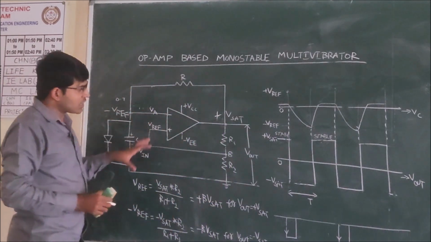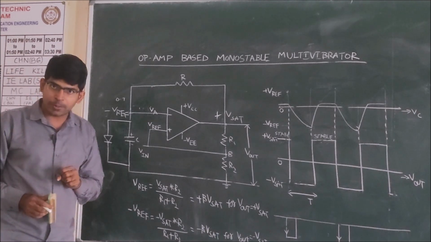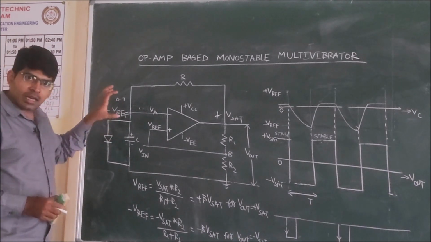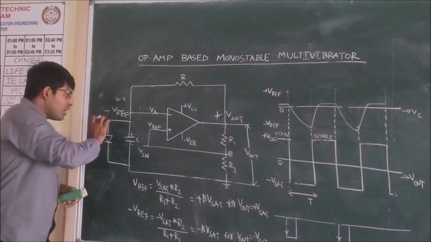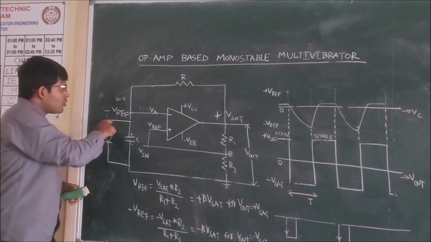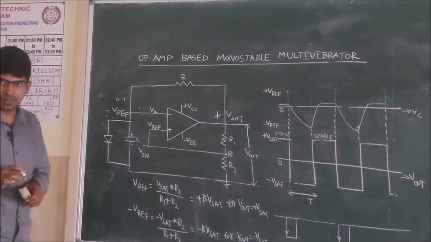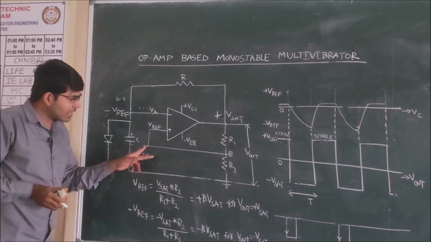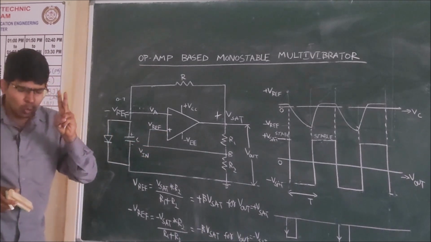Now we will try to understand the circuit diagram of the monostable multivibrator. Here the diagram is similar to an astable multivibrator, the only difference is we are connecting a diode here, in parallel to the capacitor, and we are giving the trigger input to the non-inverting terminal. These are the only changes.